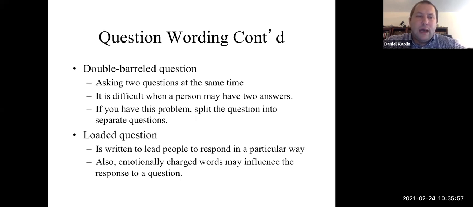So with double-barreled questions, you're supposed to be asking one question, but it challenges the person. And you could get errors in responses, because what if the answer to one question is on one side of the spectrum, and the second question that's combined is on the other side? You may struggle with how to answer.